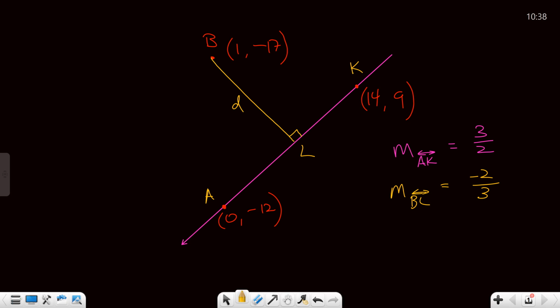Okay, we got it? Lily, what's the equation of the yellow line? Ava? Y plus 17 equals negative 2/3 times parentheses x... Say what? I didn't hear the last part. X minus 1. Well done.